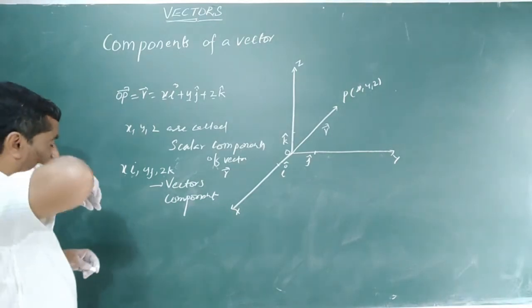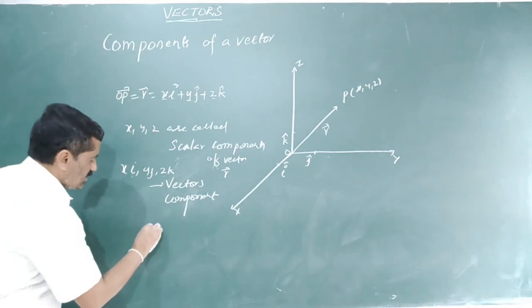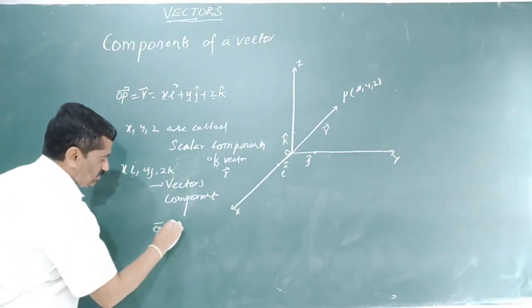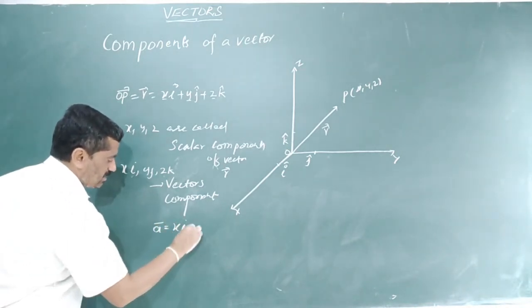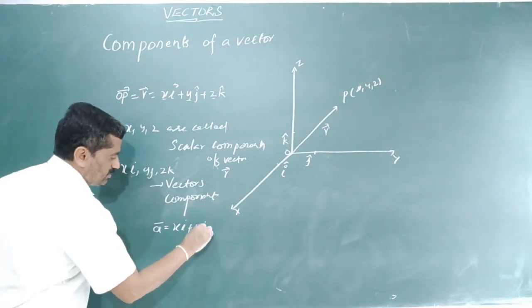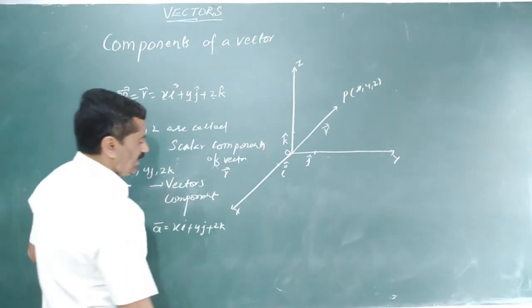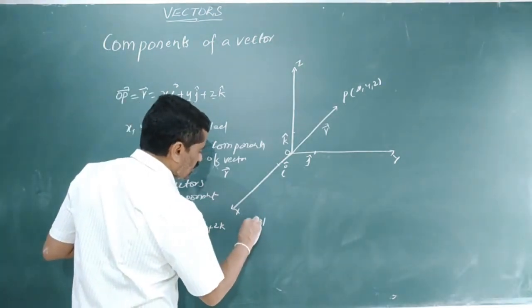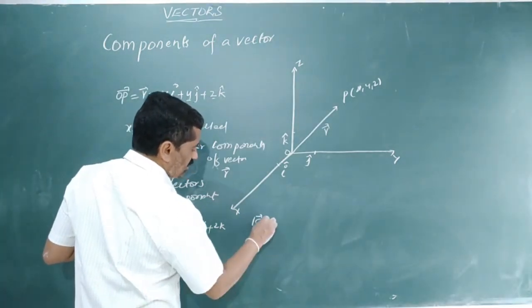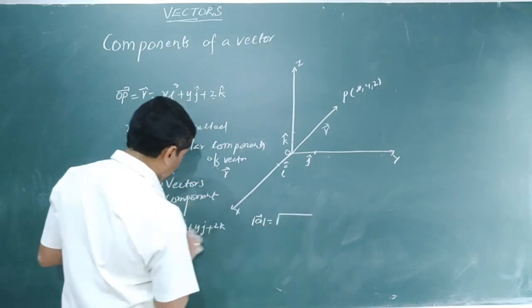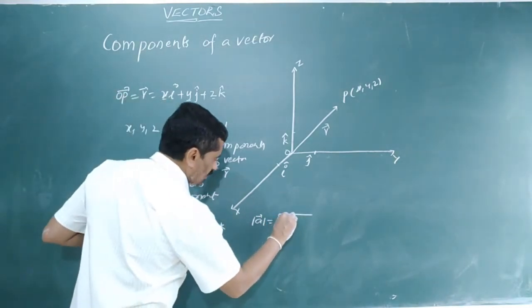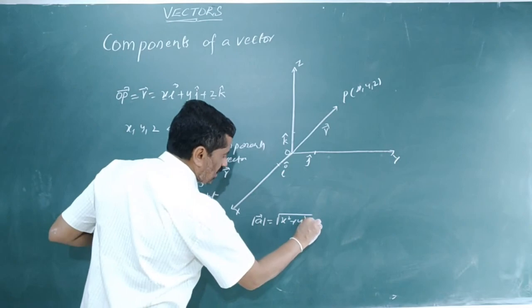Here again note that if a bar is equal to xi plus yj plus zk, then its magnitude is equal to the square root of x square plus y square plus z square.